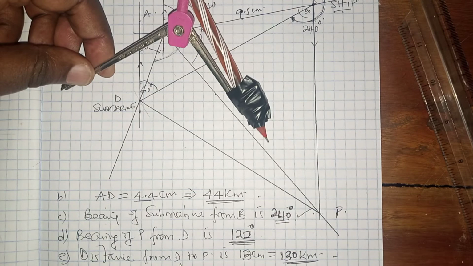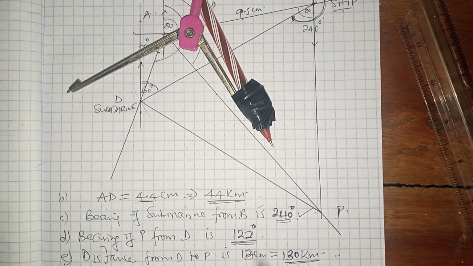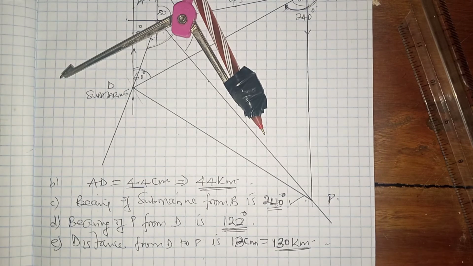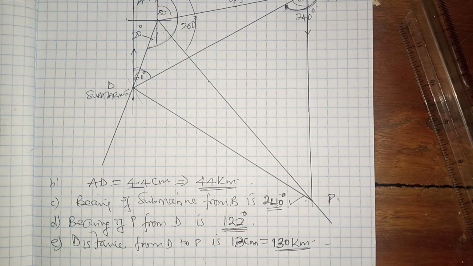And the distance from D to P is 13 centimeters, which is now 130 kilometers, because 1 centimeter represents 10 kilometers. And that is the end of the question.